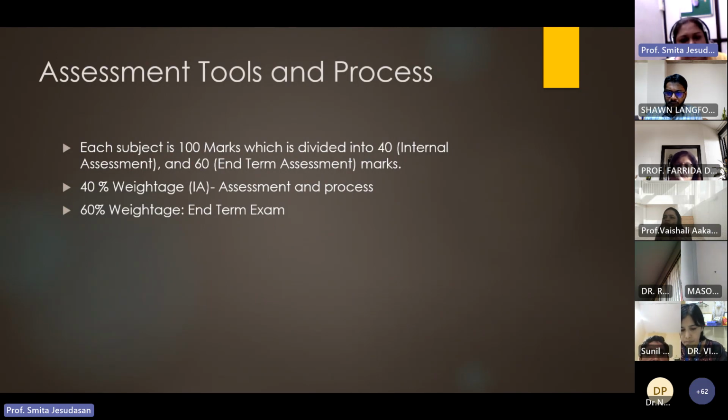Normally for the MBA streams, we have 40 marks internal and 60 marks for the end semester examination. Some courses may be having 50-50 or some might be having 80-20. Can any one of you share what is the proportion of internal assessment to end semester examination?